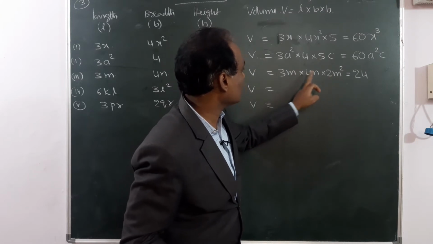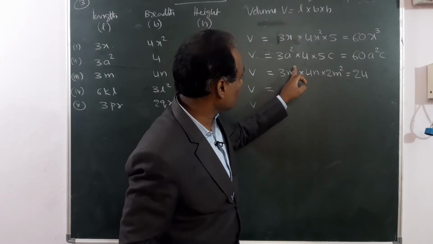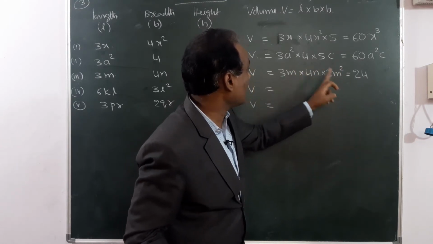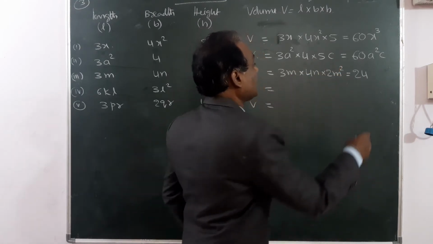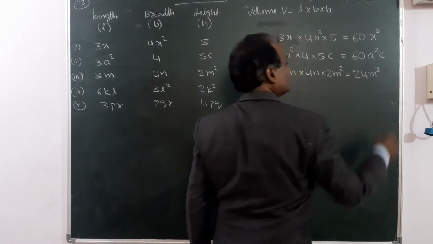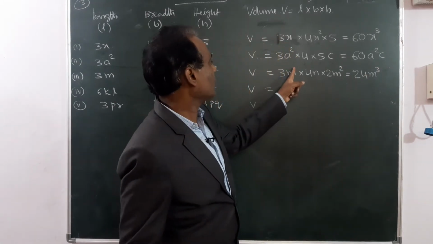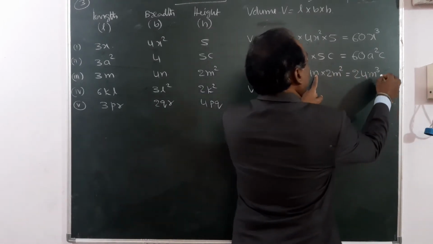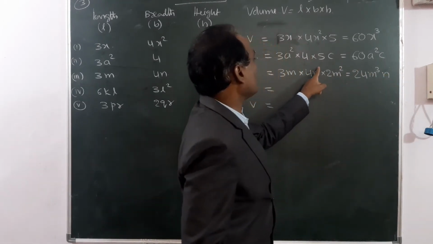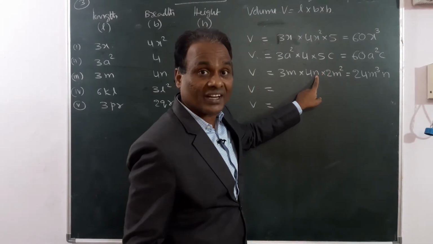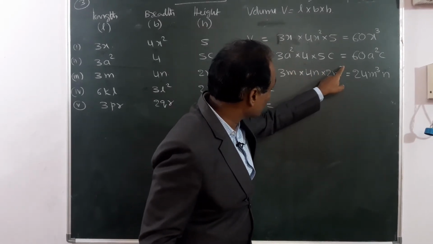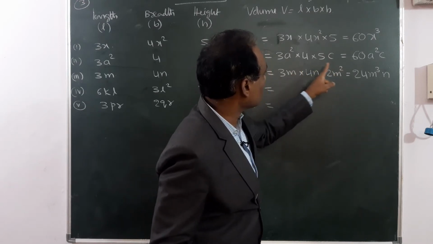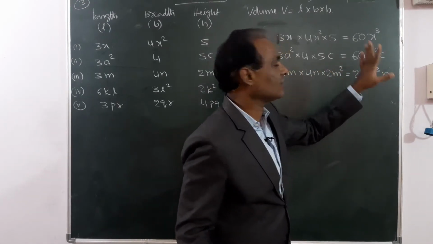These two bases are same. In multiplication, powers are added. So total m power 1 plus 2, 3. m power 3, and n is n only. We can't add this power to that because the base is different. Only same base powers we have to add. That's all.